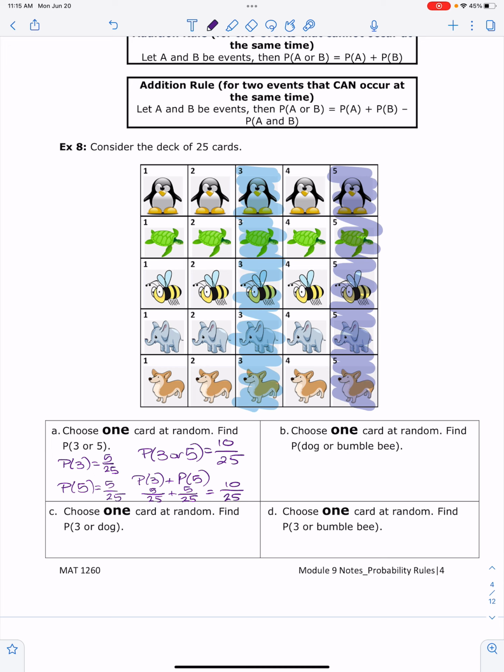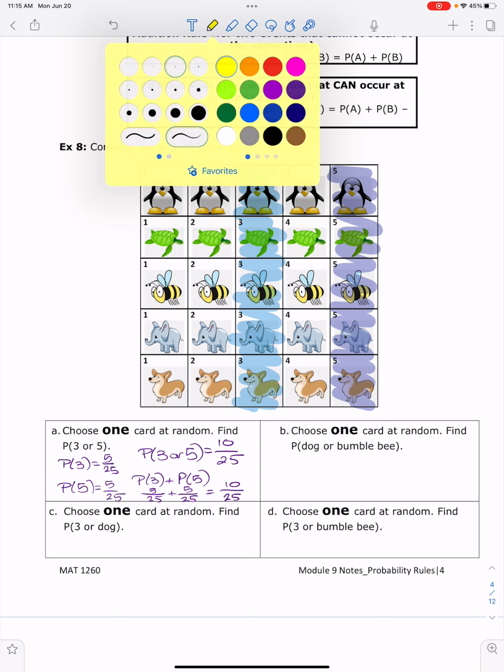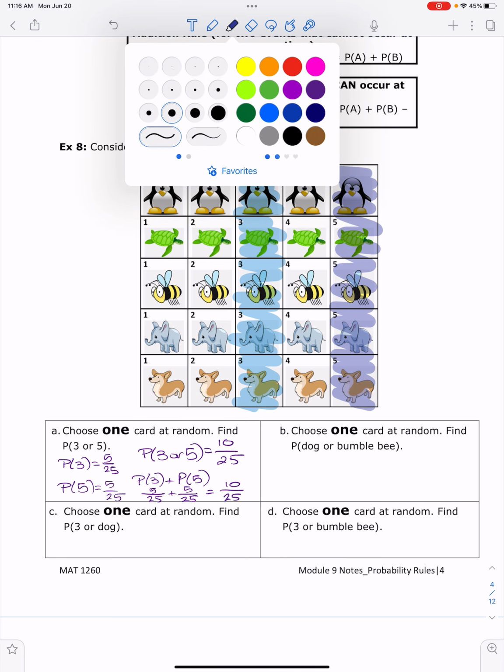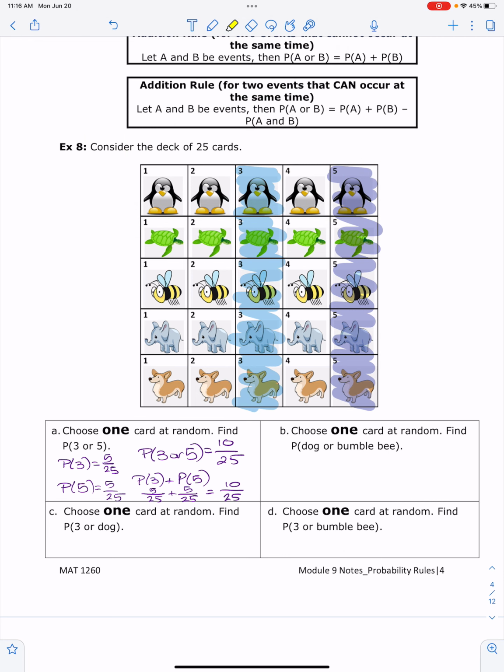B asks us to choose one card at random. Same thing. We want the probability of a dog or a bumblebee. Here are my 5 dogs.